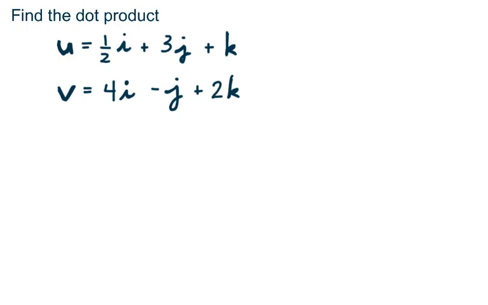So we could rewrite each of these vectors. I could say u and write that in component form. U is equal to 1/2, 3, and 1. And v is equal to 4, -1, and 2. So these two notations mean the same thing.